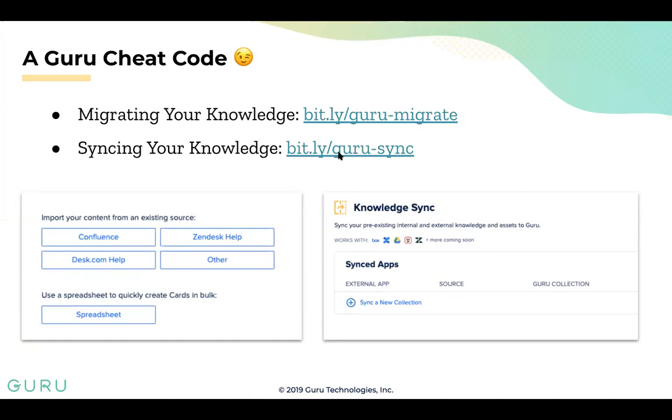This is a really helpful way for you to bring in knowledge in bulk that keeps all of your good knowledge together. And as for syncs, this is like unifying all of your knowledge from the different tools that you may use. So let's say you have a Zendesk Help Center or some information in customer. This allows you to unify all that knowledge into Guru and really create a good search experience for your end users.